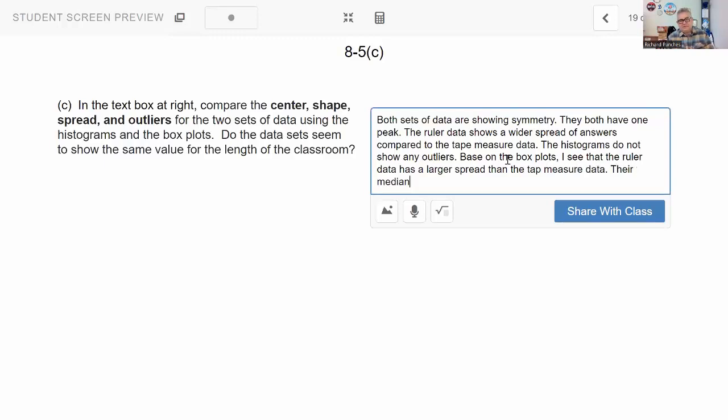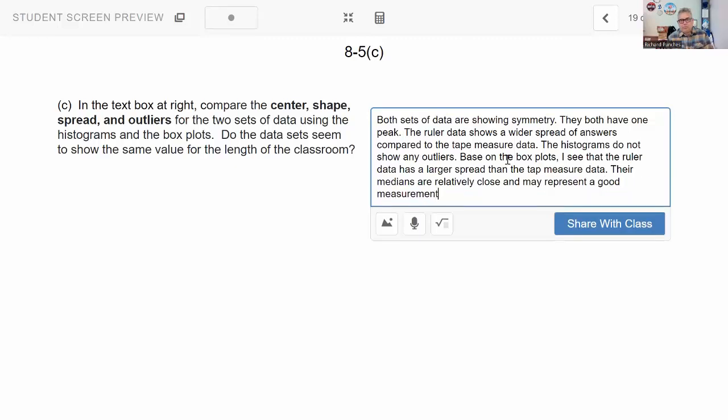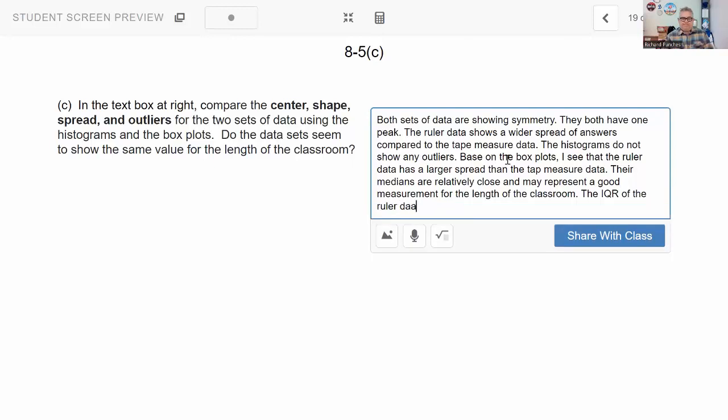Their medians are relatively close and may represent a good measurement for the length of the classroom. The IQR, interquartile range, of the ruler data shows that it is less accurate than the tape measure.